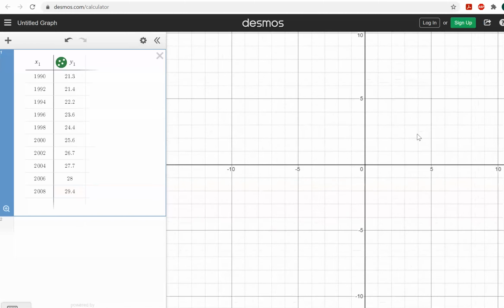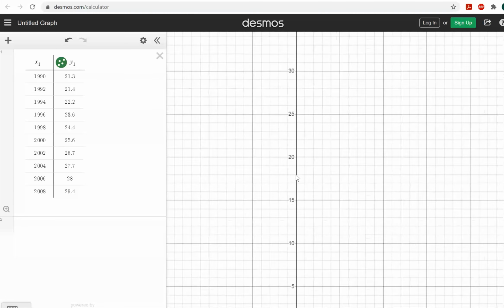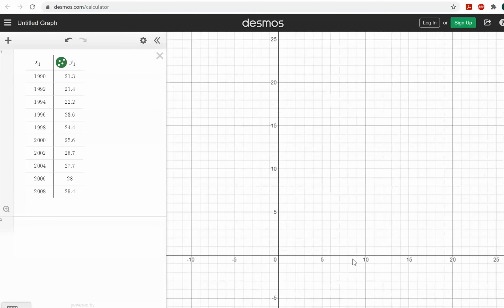Now notice over here, I don't see anything being graphed. I can't see my scatter plot. That's because we're looking at x values 0 through 20 right now, and y values 0 through 20. We can almost see our y values, but for x, we're way off, because we're out in 1990 to 2008.